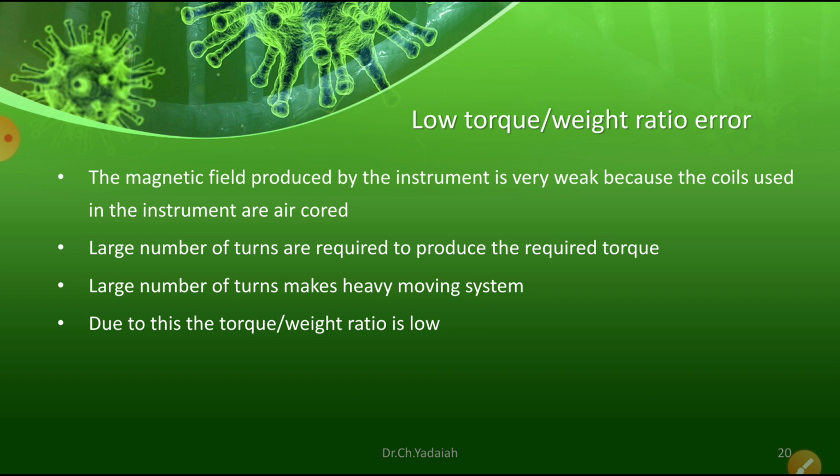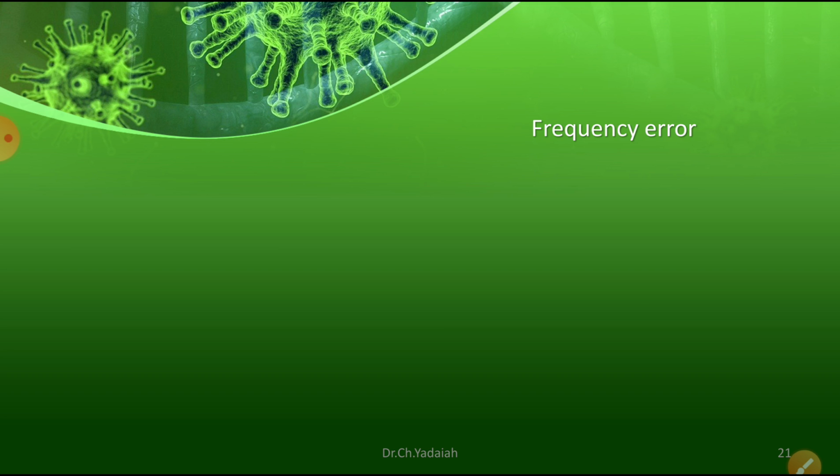Now, coming to these instruments, they are used for DC as well as AC. This instrument can be converted to an ammeter, a voltmeter, or a wattmeter. While you are using the AC system, there is automatically a frequency effect on this. So what is the frequency error? The frequency error occurs mainly due to the changing impedance of the operating coils.